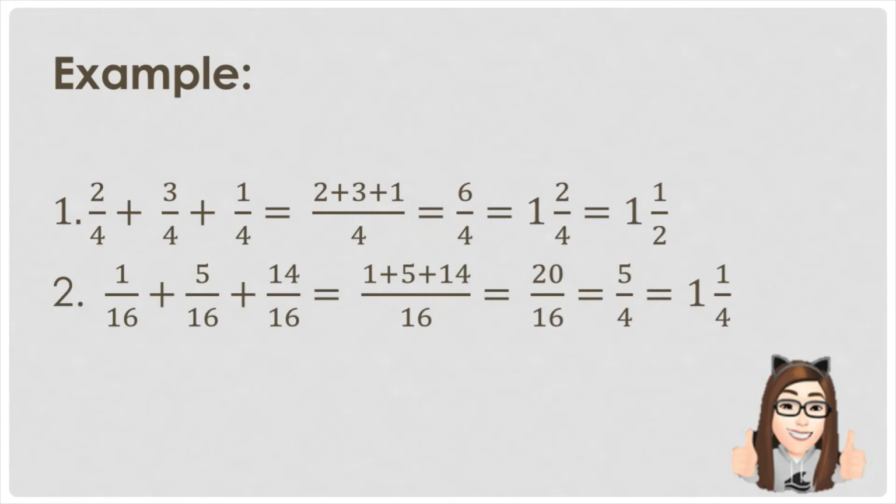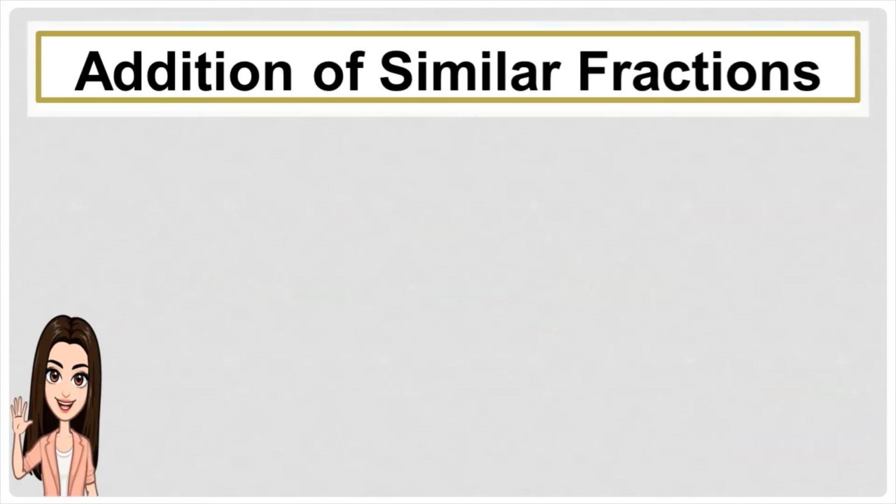But first, we can simplify 20 and 16. What is the GCF of 20 and 16? Okay, that is 4. So 20 divided by 4 is equal to 5, and 16 divided by 4 is equal to 4. So we get 5 over 4, and when simplified, it is equal to 1 and 1/4.